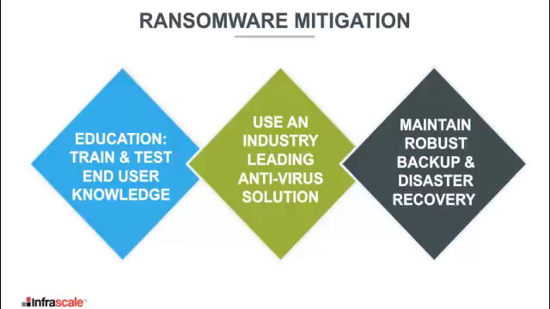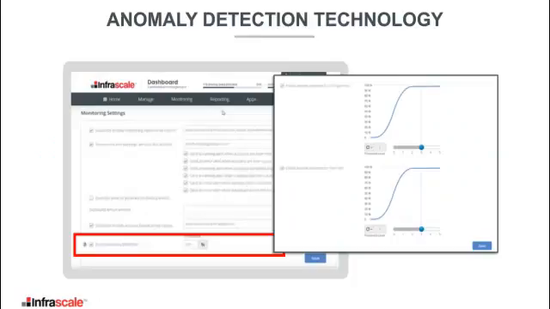Now, any good backup and recovery solution will do this for you, right? Whether from Infrascale or anybody else. However, we've sort of taken it to the next level. And what that means is that when we're continuously backing up data, we can monitor for how frequently those files are changing, right?